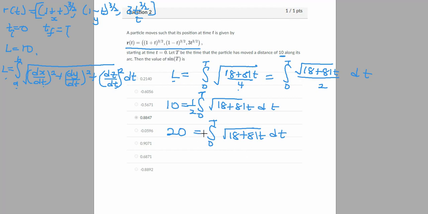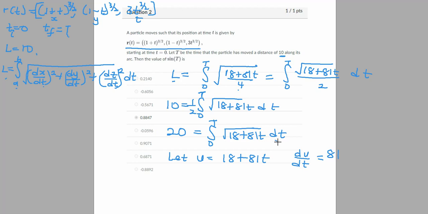To integrate this, you can use any method that you know, but I'm going to use this method. I'll let u be equal to 18 plus 81t. I'm changing the variable from t to u. So that means my du/dt, if I differentiate u, will be 81.